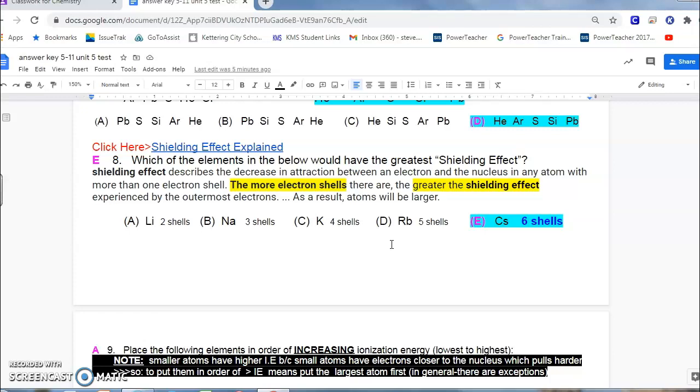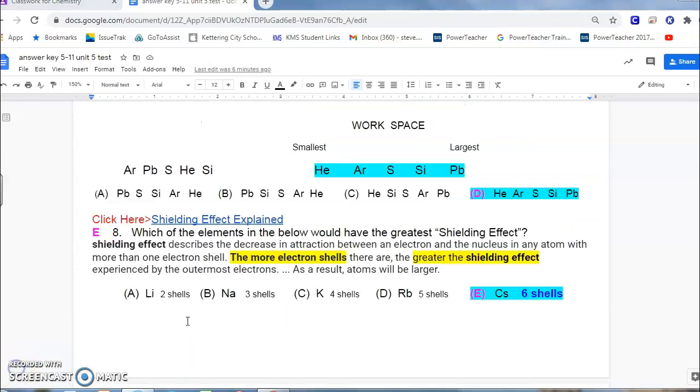And that's where the inside levels of an atom get in the way of the nucleus pulling on the outermost levels. So when an atom has a lot of inner levels, those inner levels tend to shield or screen the pull of the nucleus on the outermost electrons.